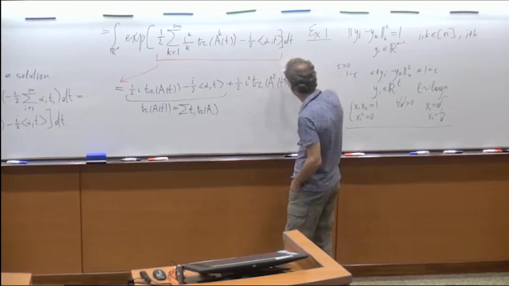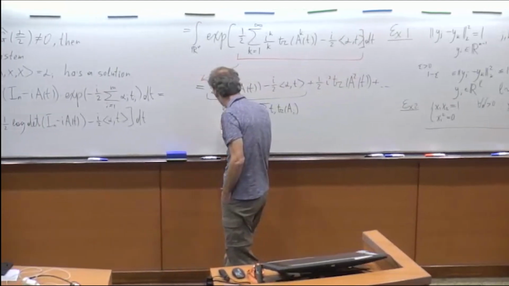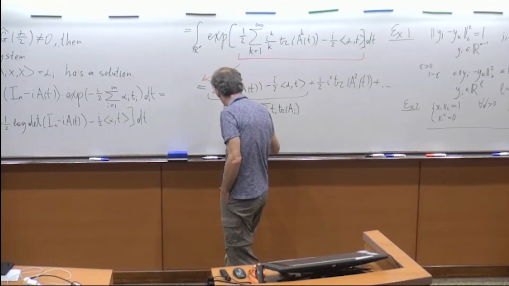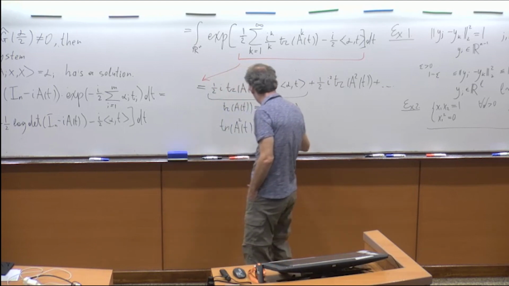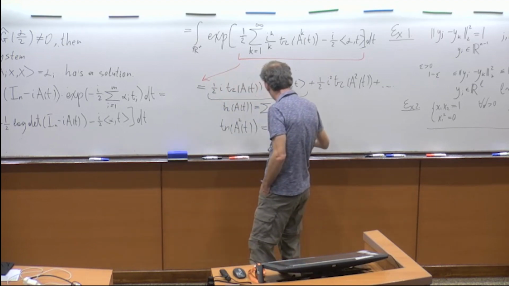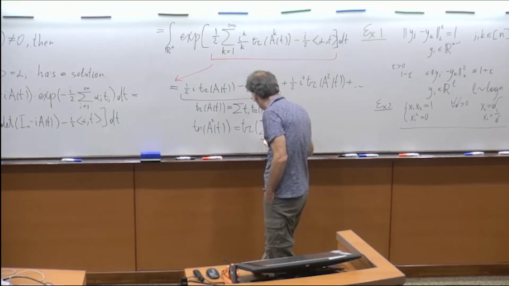Now, what is the trace of A of t squared? I open the square as in the middle school algebra class.